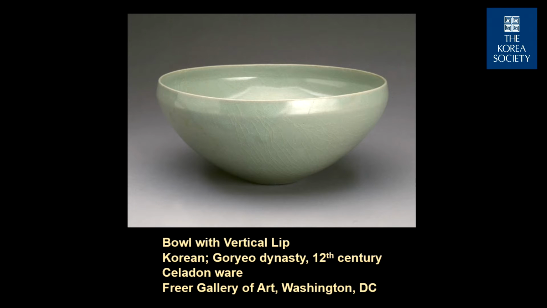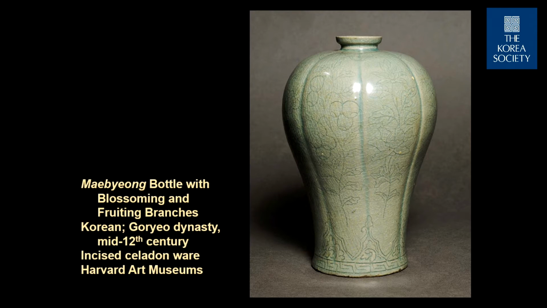Some of the earliest mature celadon wares were sort of skipping the developmental phase. But often those, say, from the 11th and beginning of the 12th century, are plain and undecorated, as we see here, emphasizing the beauty of the form, the beauty of the glaze, rather than a particular decorative scheme.